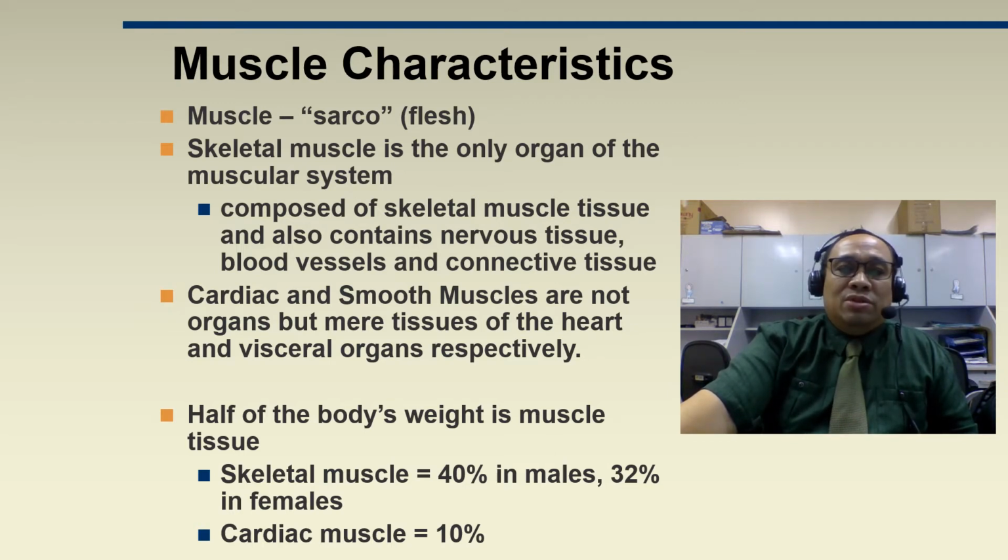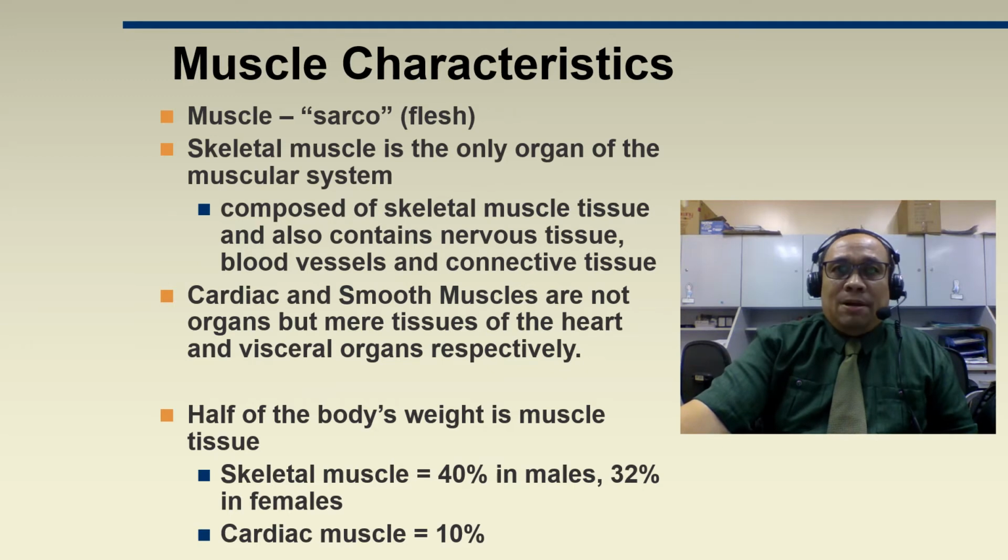And as I have mentioned, to be an organ, it needs to have a complete set of all the fundamental tissues. And therefore, if you may ask, where are the epithelial tissues in muscles? They will be found lining the walls of the blood vessels that supply blood to the muscles, and this would be the endothelium that lines the inner walls of the blood vessels. So, cardiac and smooth muscles are not organs but mere tissues of the heart and visceral organs, respectively.